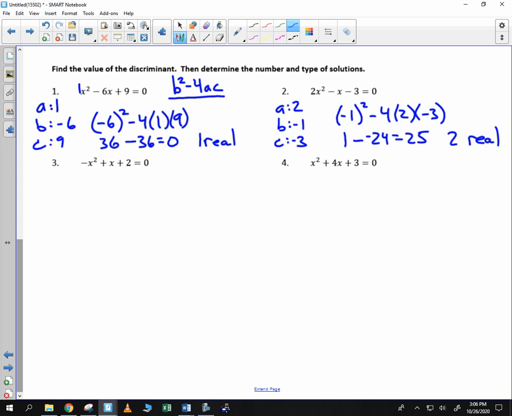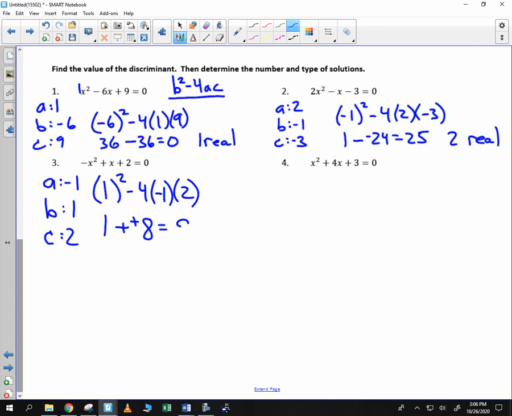Next example, we have a is negative 1, b is 1, and c is 2. So b squared minus 4 times a times c. 1 minus 4 times negative 1 is negative 4 times 2 is negative 8. So you can see you get 9.